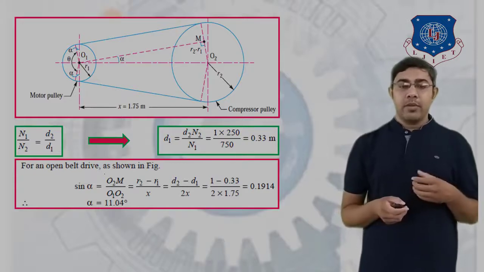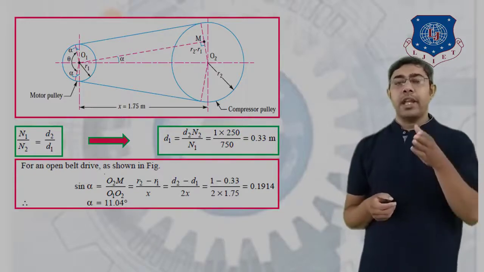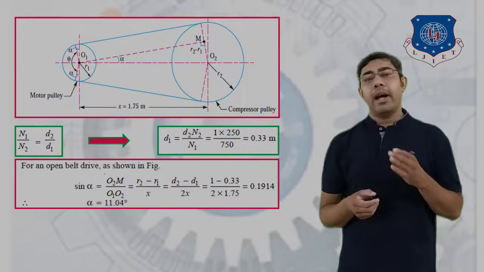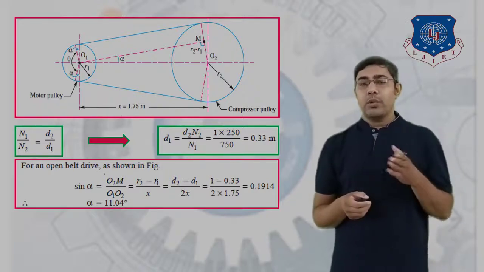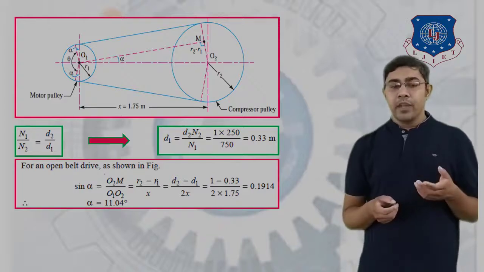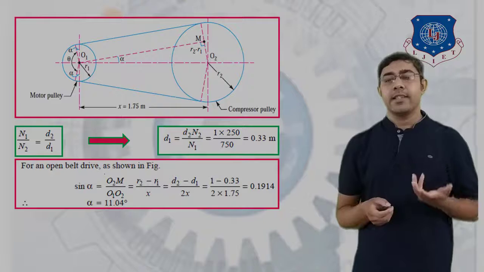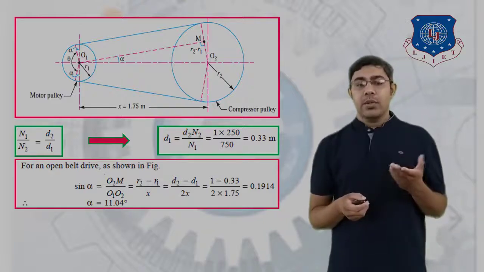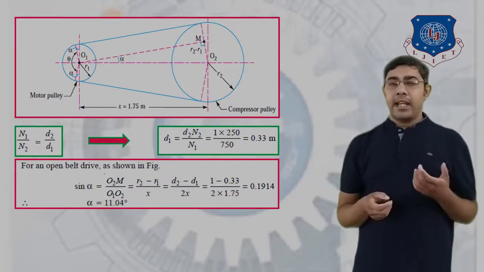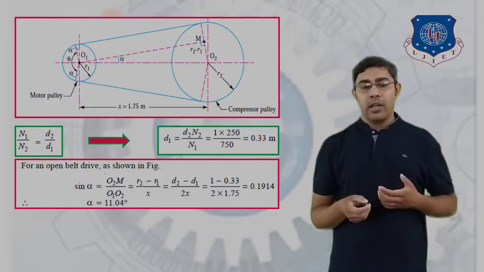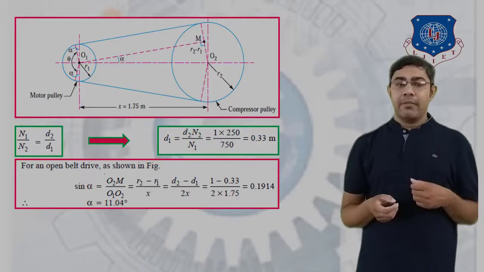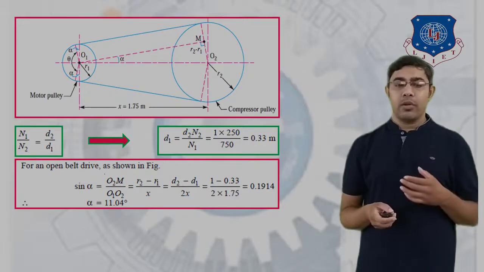According to the configuration, if we see the triangle O1 M O2, then sin alpha becomes O2M divided by the O1O2 distance. O2M is nothing but R2 minus R1, or (D2 minus D1) by 2, and the O1O2 distance is the center distance X. If we use these equations, we get the sin alpha value as 0.1914, and taking the sin inverse of this value, we get alpha is equal to 11.04 degrees.